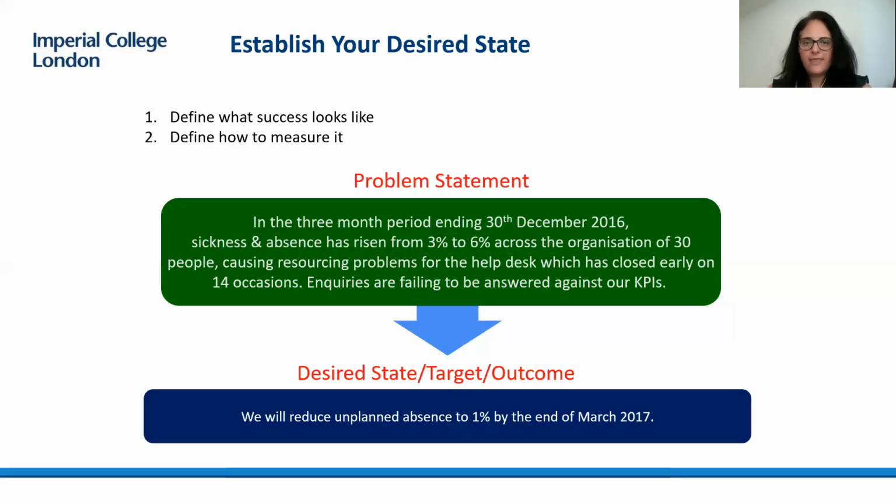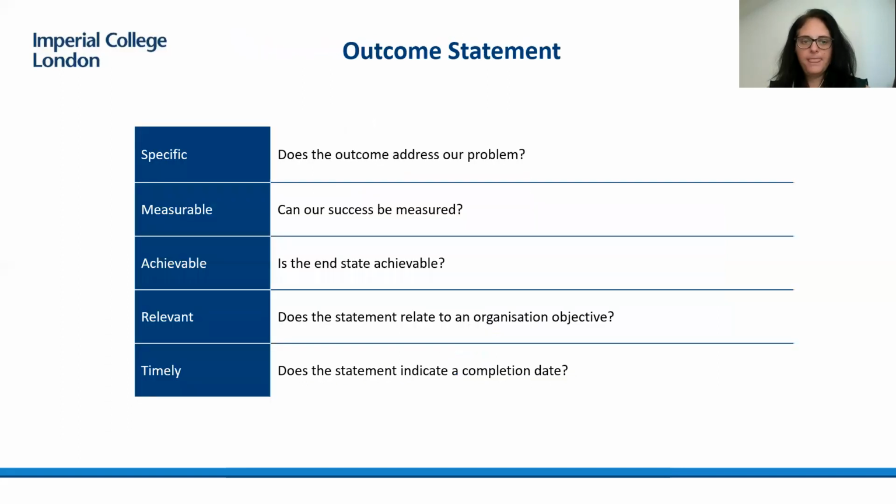So if we're looking at that desired state, will it address the problem of having unplanned absences causing our inquiries not to be answered against our KPIs? If we are going to be reducing unplanned absence to that, then yes, we would imagine that that would resolve that issue. But again, we need to measure it as we go along.